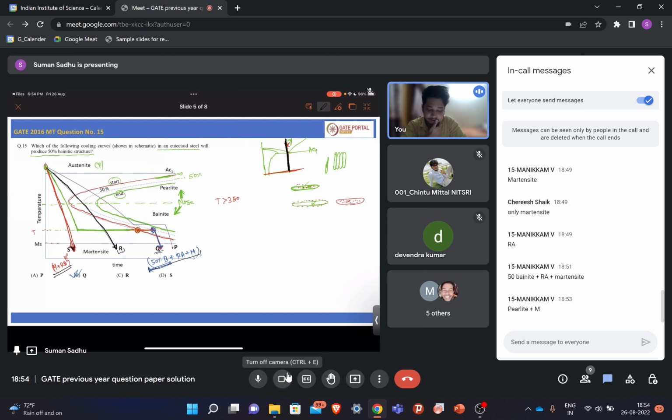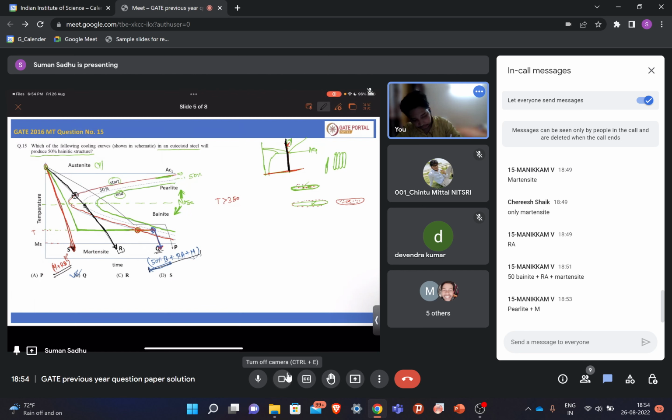Pearlite plus martensite. Yes. So this is also touching this start curve here. So at this point, the transformation will start. Then it is touching here the 50% transformation, and then it is basically quenching.